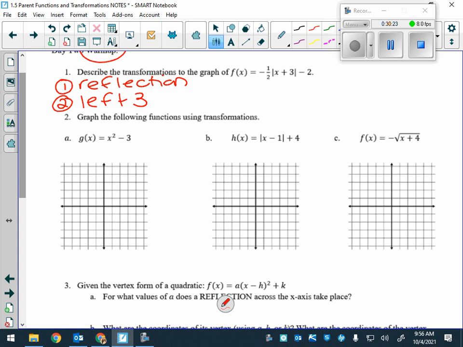Left 3 because of the x plus 3. David, give me another. Down 2. James, give me another. Good. Vertical compression.